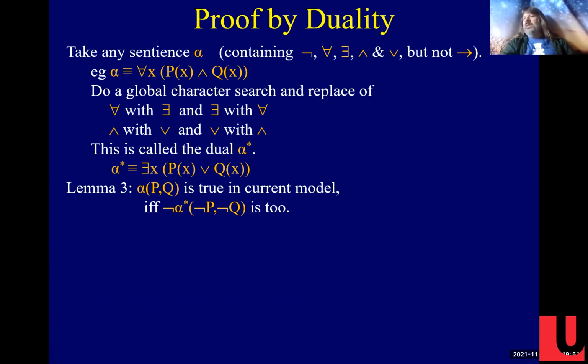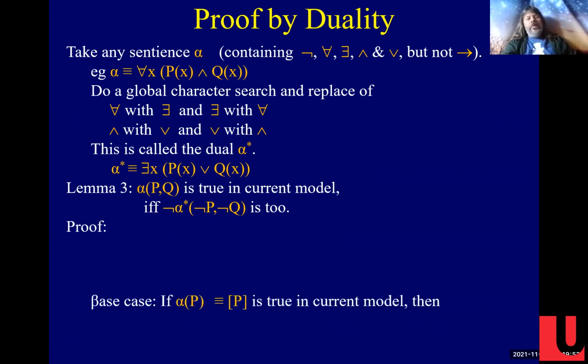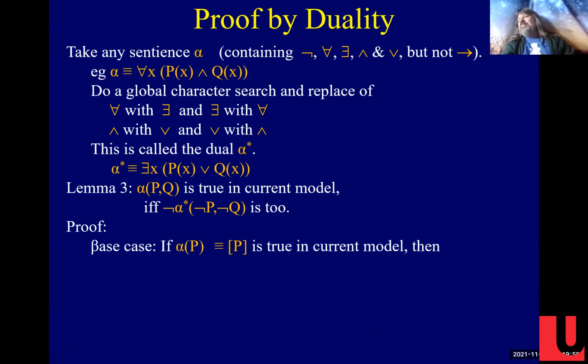Or if that scares you, you can just think about this as proof by example. It turns out that it's a full proof, but if nothing else, you can have it roll over you like proof by example. So this is kind of our base case proof, right?